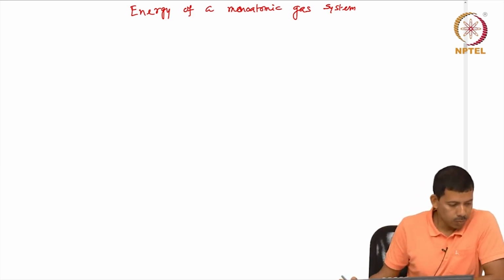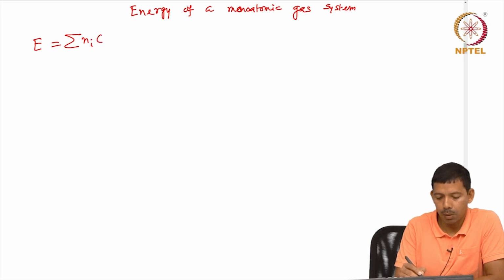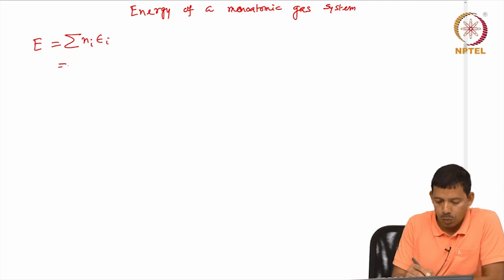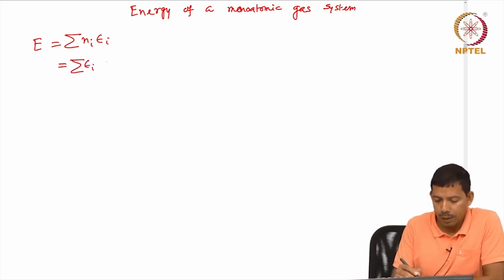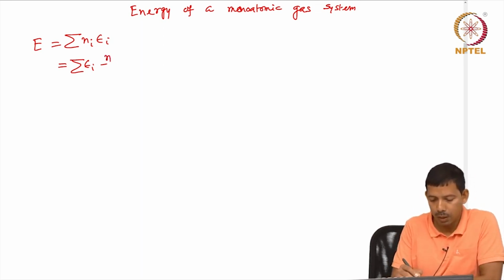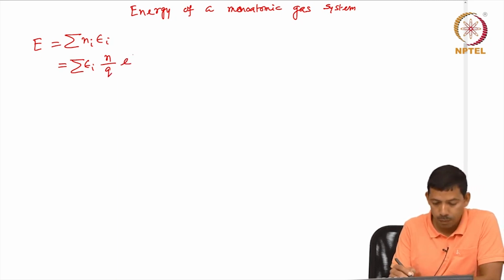So as you know, as we have seen already, E is the total energy, the sum of Ni epsilon i. Epsilon i and Ni I will write again in terms of the Boltzmann distribution law, which is N by Q e to the power minus beta epsilon i.